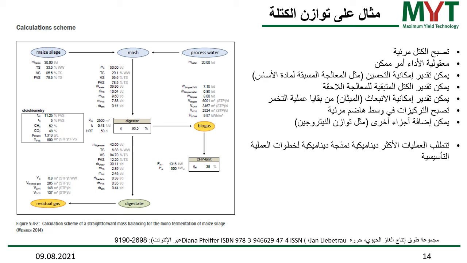You can see on the left hand side the input characteristics, and then you can see how many tons per day get into the plant, what's the total solid content, what's the volatile solid content, and then what fraction of this volatile solids is actually degradable.